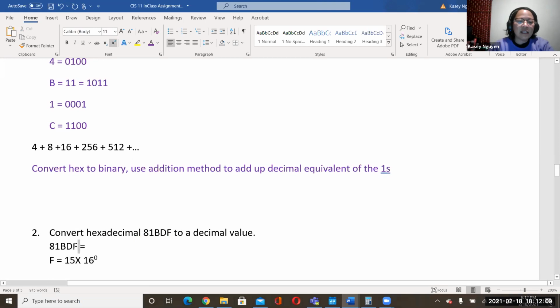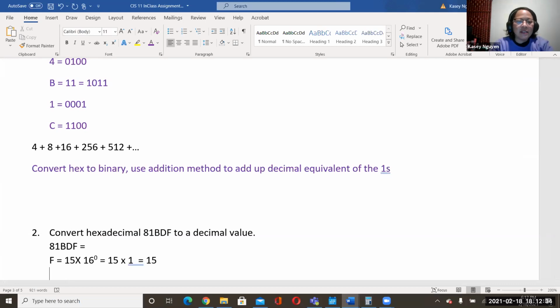Because it's at the first bit, I mean, the least significant location. When you multiply by the power of 0, 16 to the power of 0 is a 1. So it is technically 15 times 1, which is 15, right?